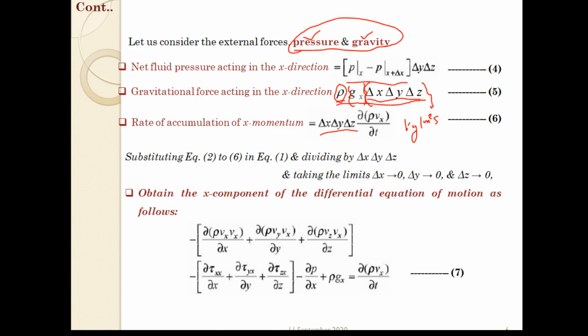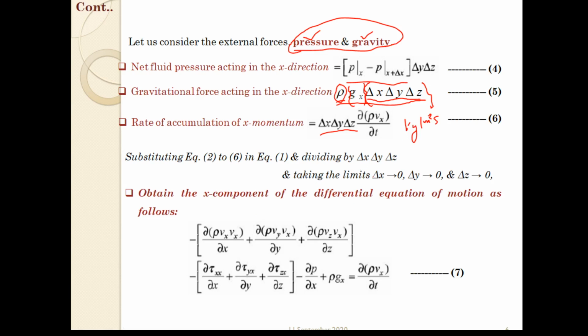Now substitute all these equations, 2 to 6, in equation 1, the governing equation, where the rate of accumulation equals the coming in minus coming out plus the summation of forces acting on the system.